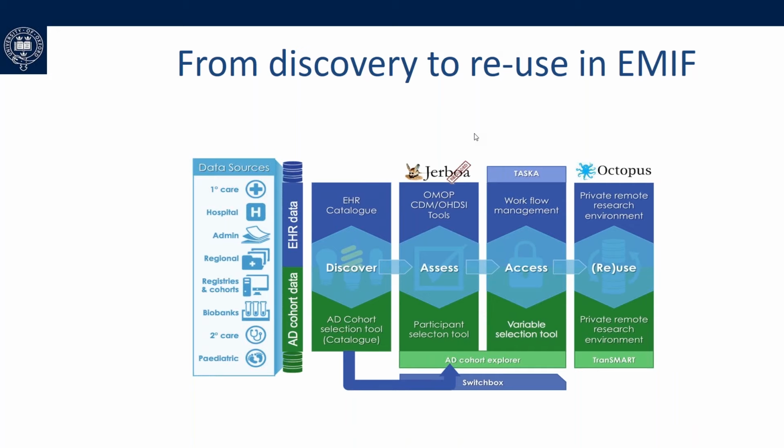Now, we've already done that for a growing number of cohorts, and we've put that data on the Transmart environment, which is essentially a platform for putting data that allows you to put multiple different cohorts on, to harmonize the variables from those cohorts and to analyze them. There's all sorts of analytical tools, and you can do that in a private remote research environment.